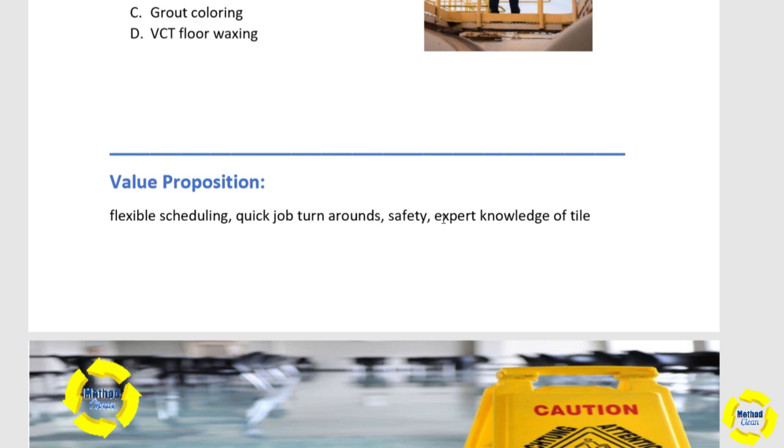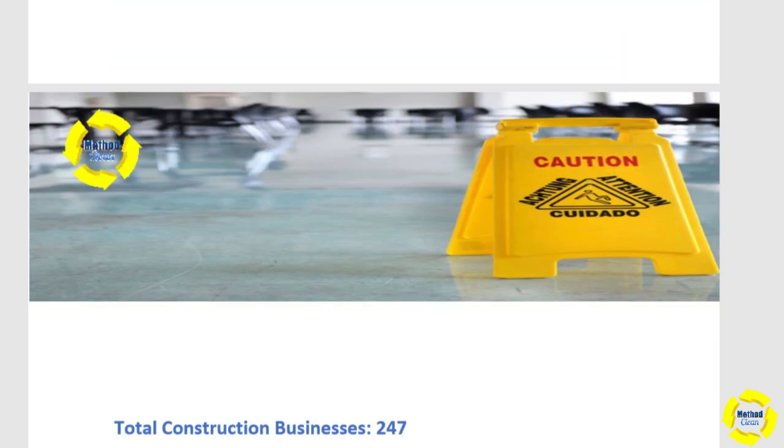Safety, and I would say one of the big ones is that you specialize in tile cleaning, that you're an expert and you know tile cleaning, because I think that'll be a big way for you to separate yourself and to say, hey, all we do is focus on the floor part of it.